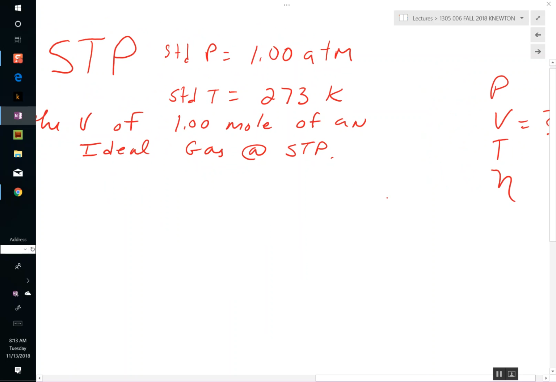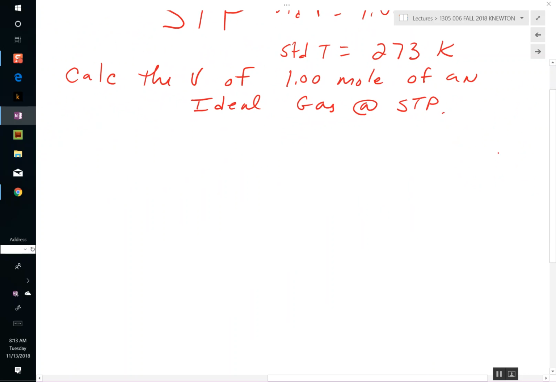It seems like there's not enough information here. Calculate the volume of 1 mole of an ideal gas at STP. But STP is giving you 2 of these things: temperature and pressure. So you have temperature, you have pressure, you have n.